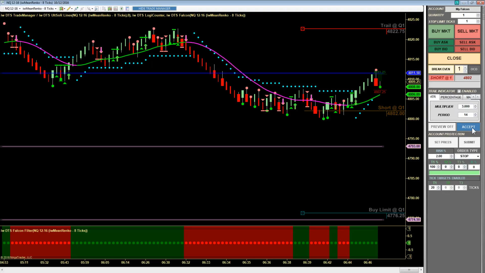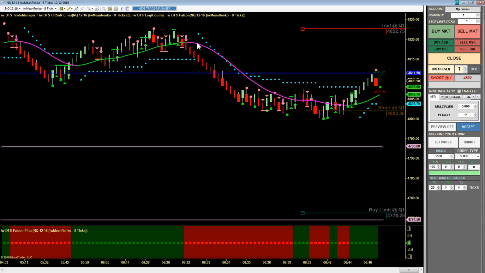So you see I can change the parameters of those if I want them to be a little bit tighter or looser. This is the ATR stop, which is the one I have set by default. And the trade manager will automatically pick up the stops and roll the stops along with the trade.